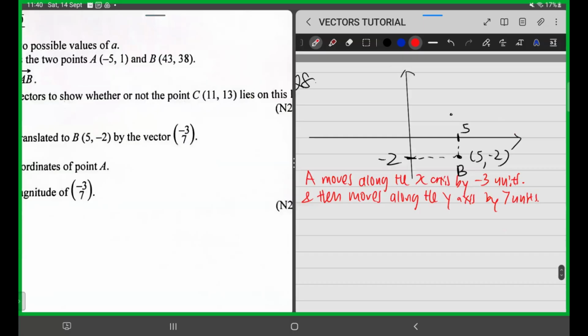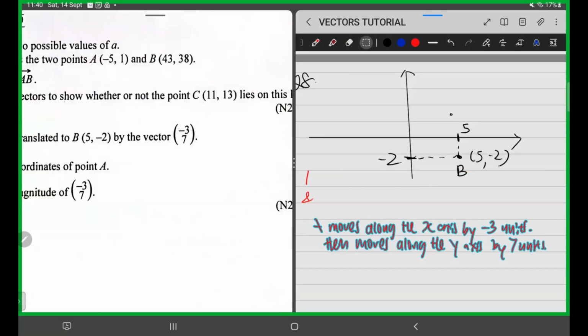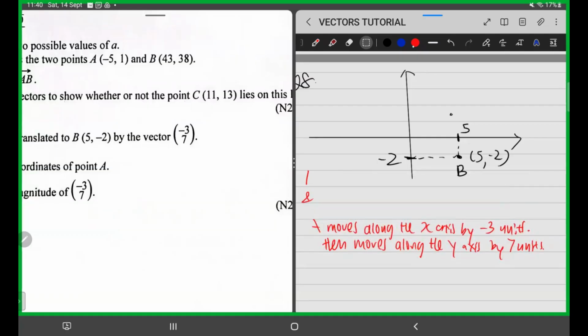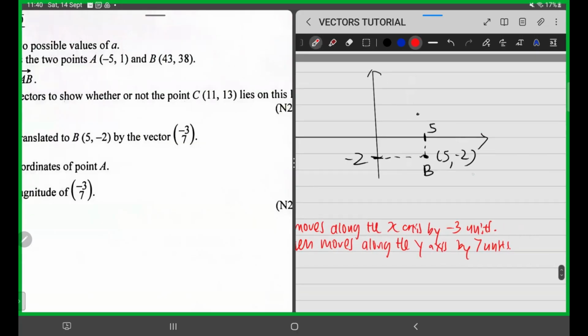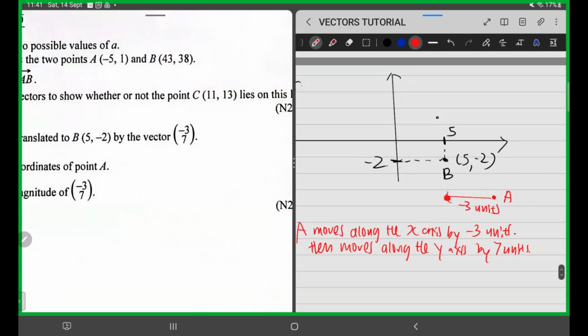If A moves along the x-axis by negative 3 units, that means originally A is somewhere over here. It moved backwards by negative 3 units, then it reached here. After that, it moves along the y-axis by positive 7 units, then it moves over here by 7 units. That's how you derive this vector of negative 3, 7.